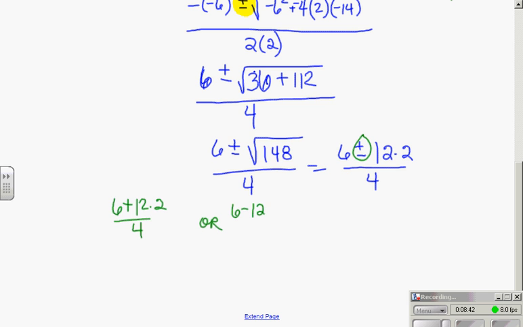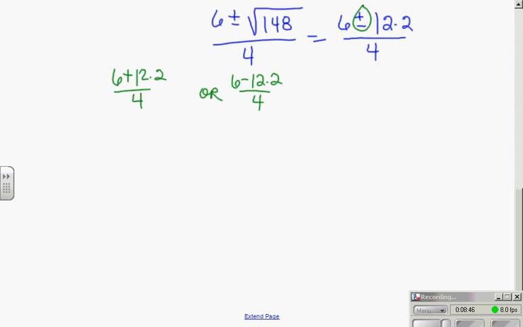I have to consider that 6 plus 12.2 over 4 is an answer, or 6 minus 12.2 over 4 is an answer. This ends up equaling 18.2 over 4, which equals 4.55, which works in my problem.